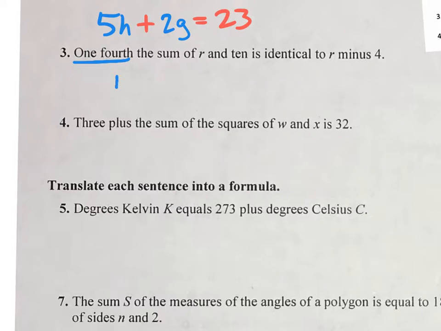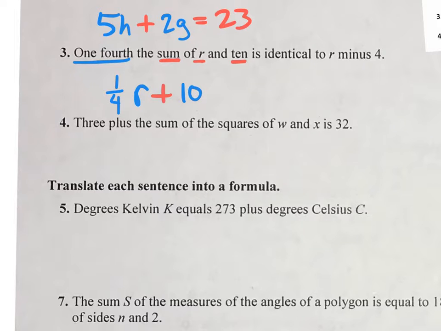1/4, that's just the fraction 1 over 4. I want to take 1/4 of something, and I need to do the sum of r and 10. So I need to add r and 10. Now, I cannot leave it like that because right there it doesn't say 1/4 the sum of r and 10. Right here it says 1/4 r and then increase by 10. So that's incorrect.